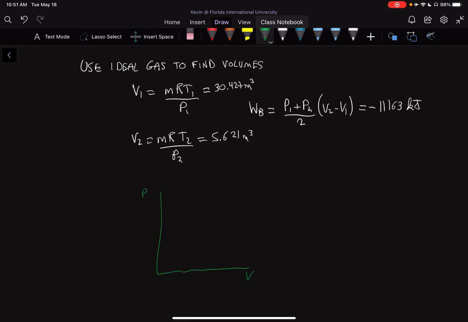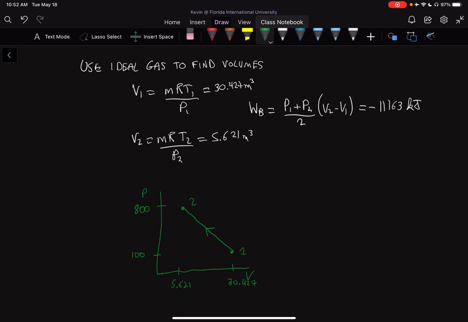Point 1 is at 100 kilopascals with volume 30.427. And then our point 2 actually has a lower volume of 5.621, but a higher pressure of 800. So we have this curve from 1 to 2. Okay, so slightly different shape than our earlier example using the same spring. Different case.